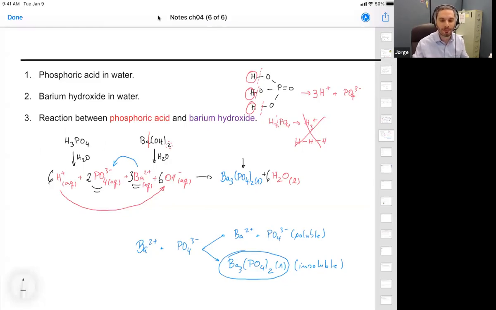So nothing can be canceled. Therefore, the overall ionic equation is identical to the net ionic equation in this case. Always when you are writing ionic equations, you must represent the physical states for every component of the reaction.